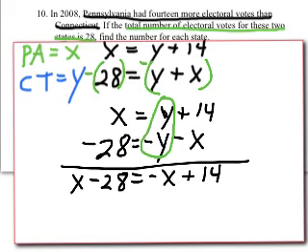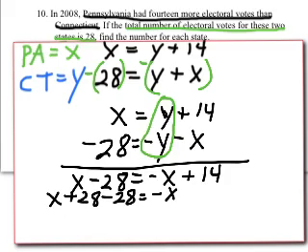Okay, so I want to have my variables on one side and my numbers on the other. So I'm going to add positive 28 to both sides. So we have x minus 28 plus 28 equals a negative x plus 14 plus 28.